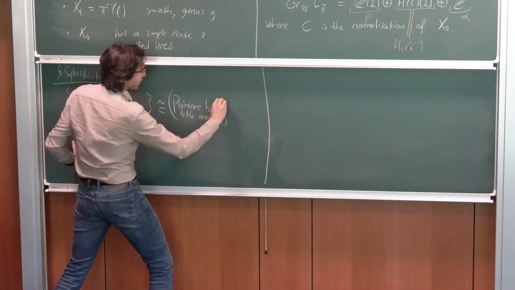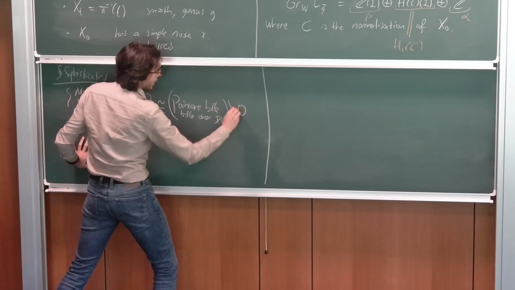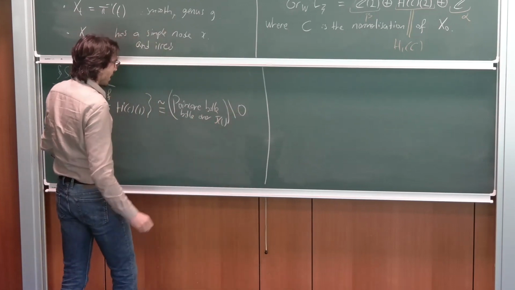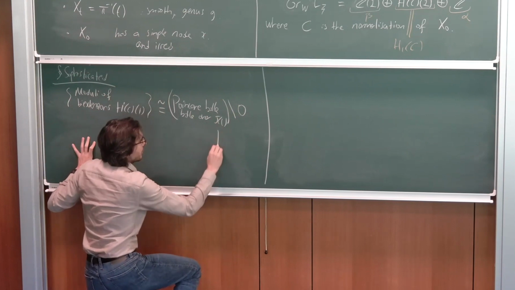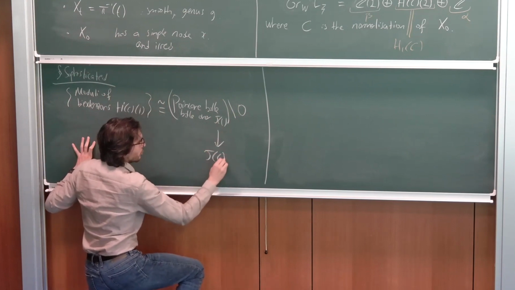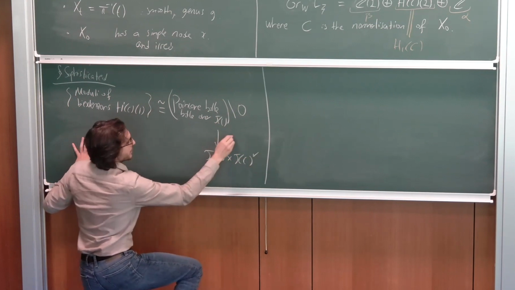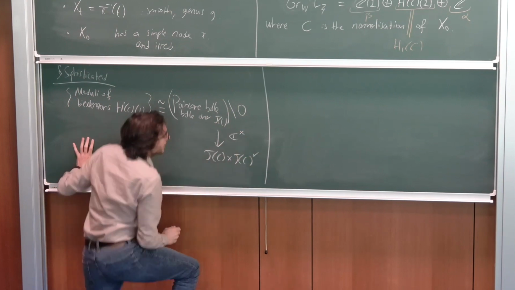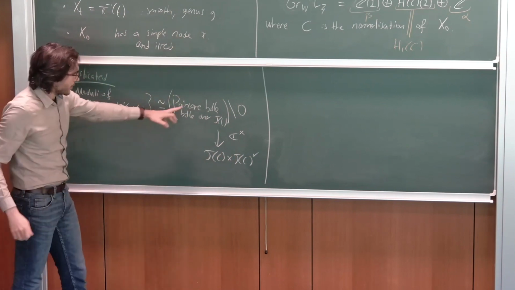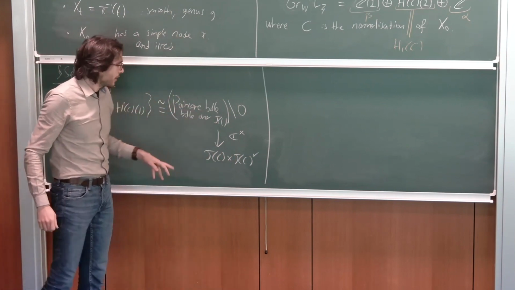So this is the Poincare bundle, and you subtract the 0 section. And let me just remind you that there's a projection to J, the Jacobian, and this is a C star bundle. The fibers are these C stars.